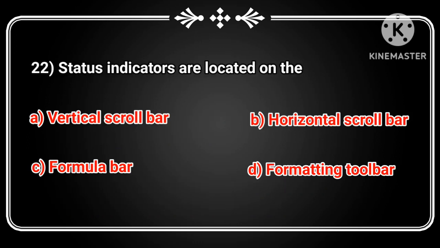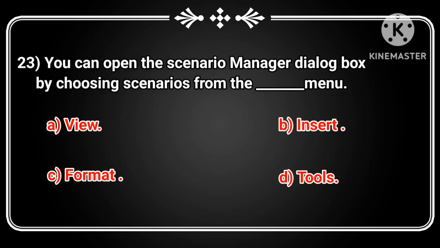Status indicators are located on the formula bar. You can open the Scenario Manager dialog box by choosing Scenario from the Tools menu.